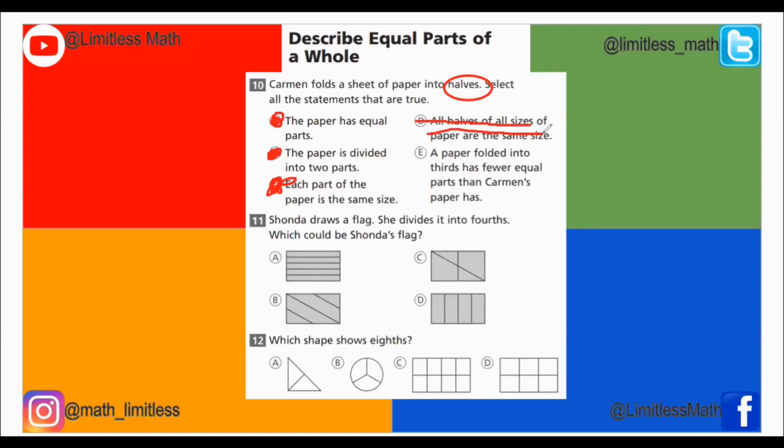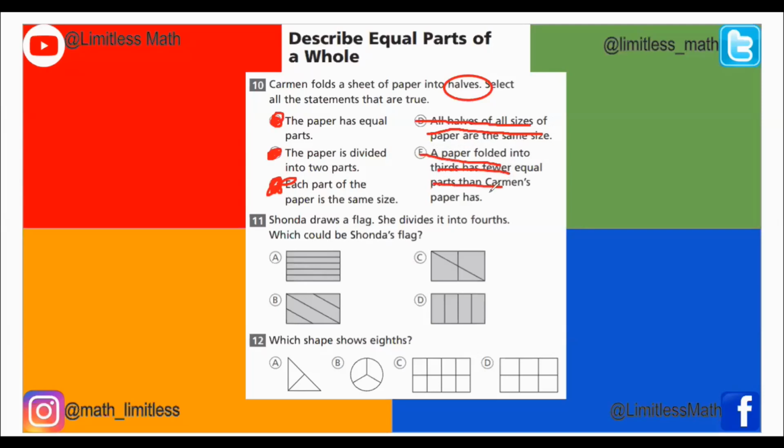E, a paper folded into thirds has fewer equal parts than Carmen's paper has. Well, Carmen split hers into 2 pieces. If we were to fold a piece of paper into thirds, it would be 3 pieces. And 3 is not fewer than 2. So E cannot be correct.